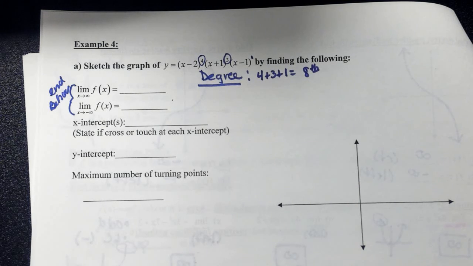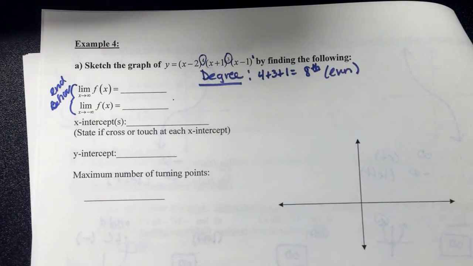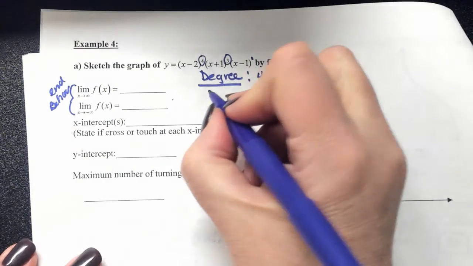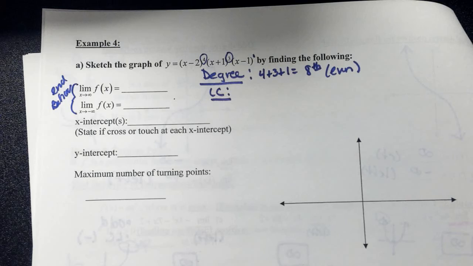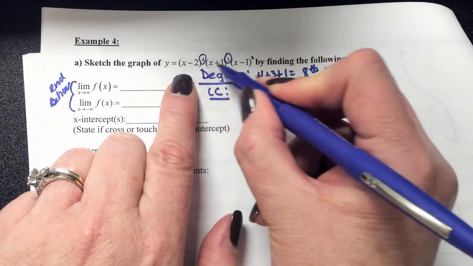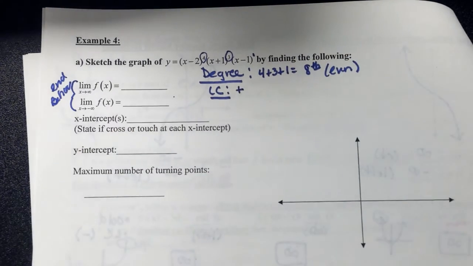Is 8 an even or odd number? Even. So I know I have an even degree polynomial function, so both ends will go up or both ends will go down. Now the question is, what's happening with the leading coefficient? Is it a positive number or a negative number? Positive. Notice all the x's are positive, there's no negative x here. So my leading coefficient is positive.